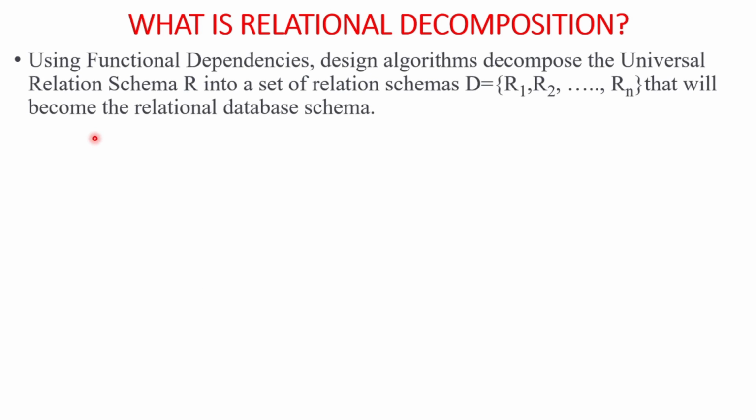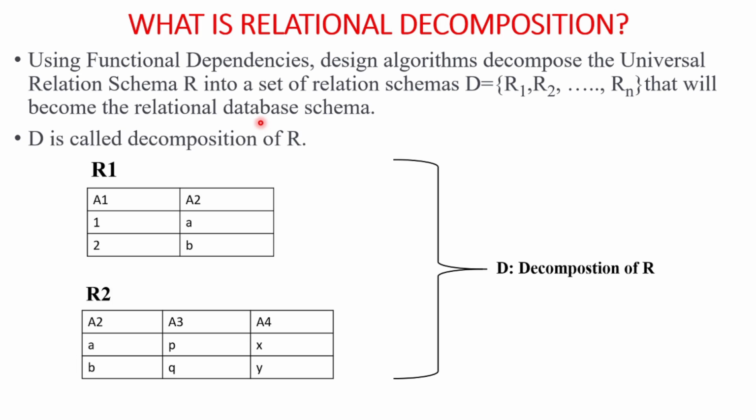Now using functional dependencies, design algorithms decompose the universal relation schema R into a set of relation schemas D that will become the relational database schema. What is the meaning of this? The original relation schema R which we saw just now got divided into two relations R1 and R2, where R1 has two attributes A1 and A2 and R2 has three attributes A2, A3 and A4.